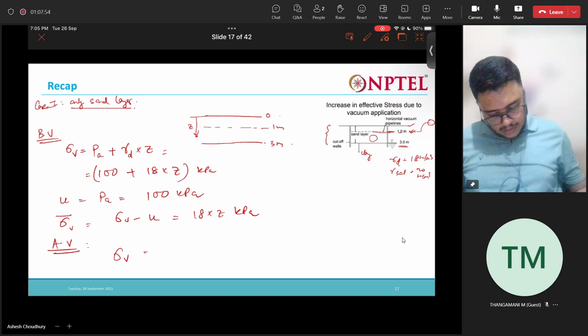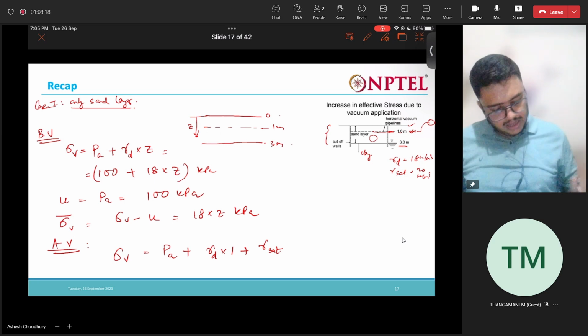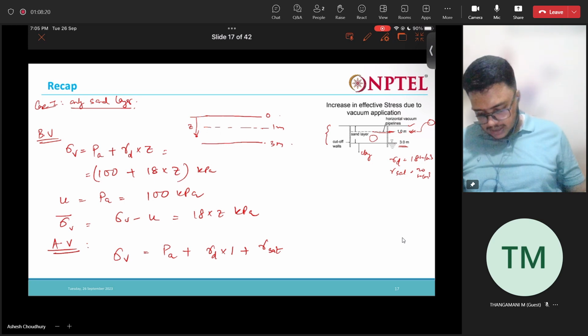So Pa plus gamma dry into 1 plus gamma sat, not submerged, gamma sat times how much?